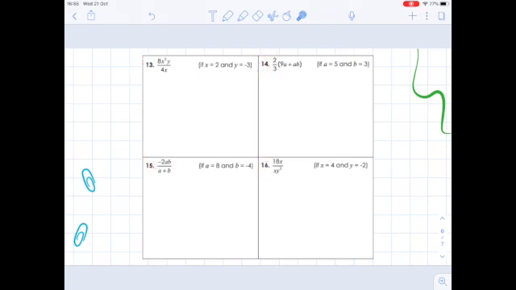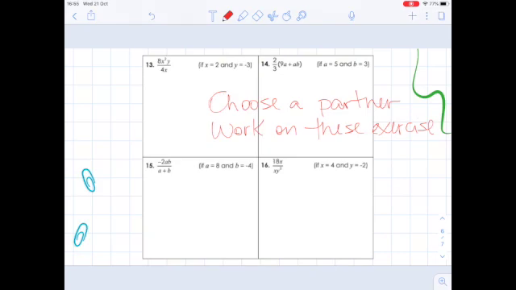Finally, numbers 13, 14, 15, and 16. I want you guys to choose a partner, okay, and work on these exercises. Once you finish them, I want you to email me with the answers.